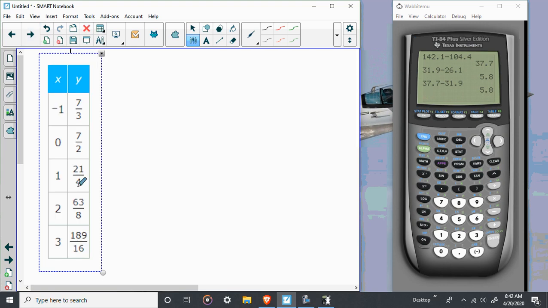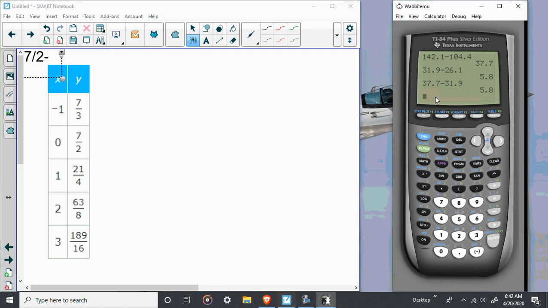Okay? And the last, most difficult one that they gave you, and I don't know why they do this to you guys, is they give you all these crazy fractions. Put them in your calculator, guys. So what's 7 over 2 minus 7 over 3?